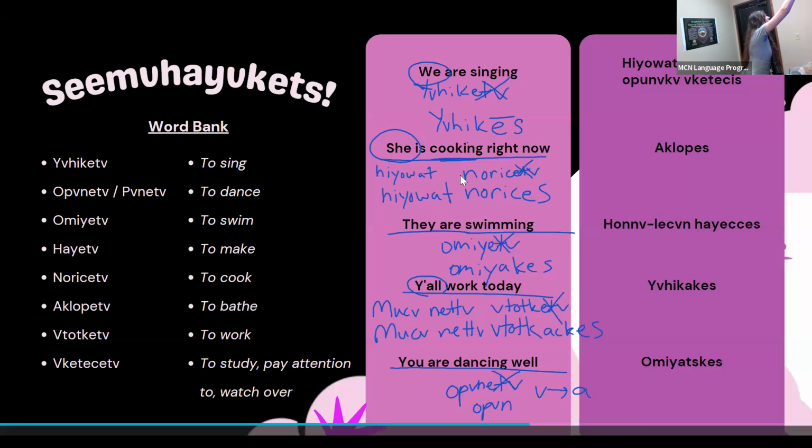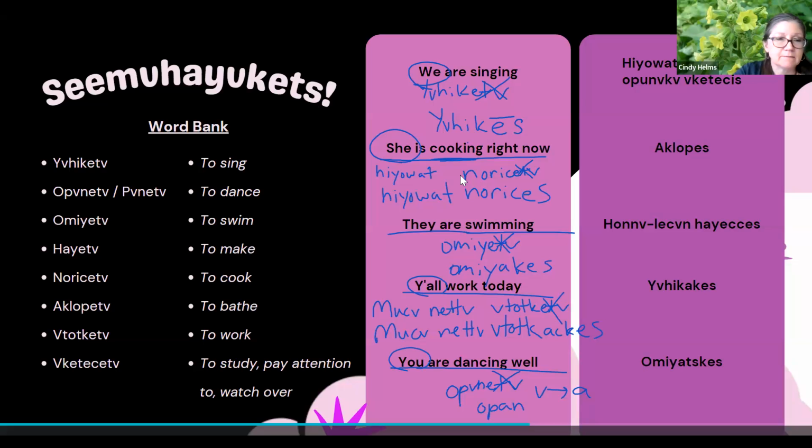So let's take, I'm taking an eraser because this one is easier. So now in that case, it's going to become Oban. And now we're looking for you. What's the ender for you? First marker. Ichke. Nice. It's ich, and then we add our S on the end.